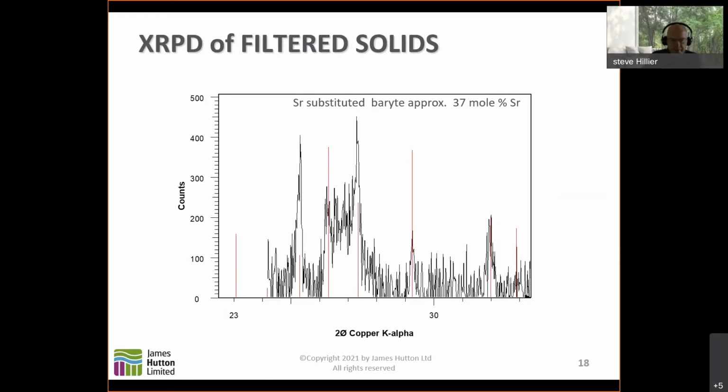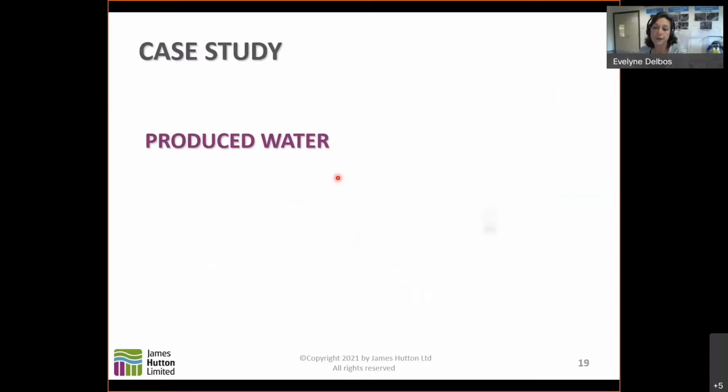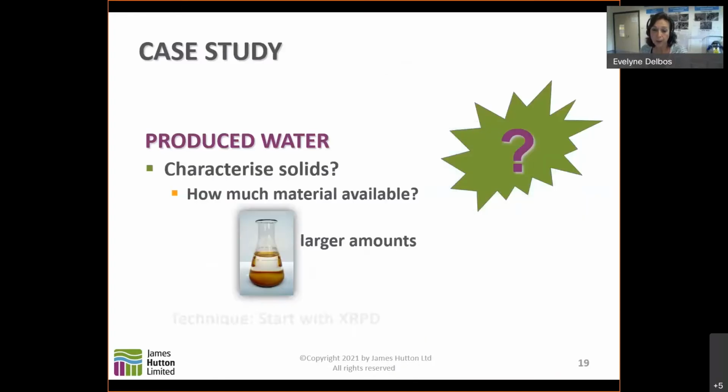Okay, thank you, Steve. So you can see that we had very little material, but using the three techniques, we were able to get quite a lot of information at different levels. So next, still with the produced water and still with the solids on this produced water, but this time we have solids that have actually dropped out in a flask overnight, and we have a little bit more material.